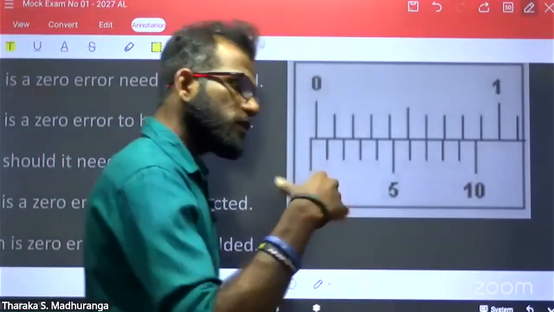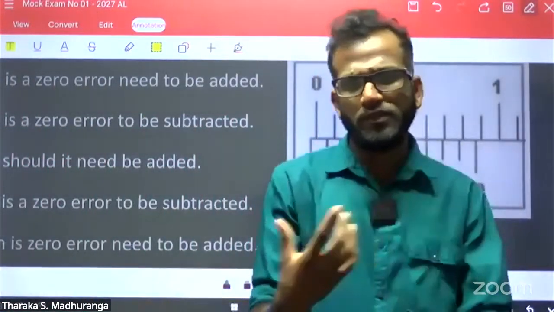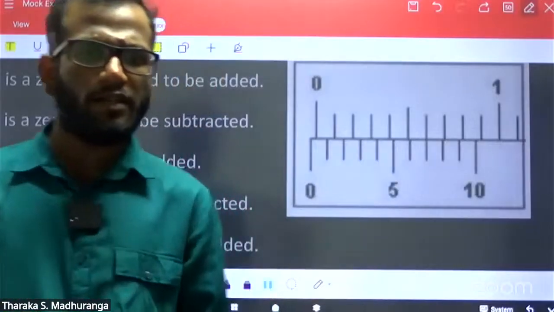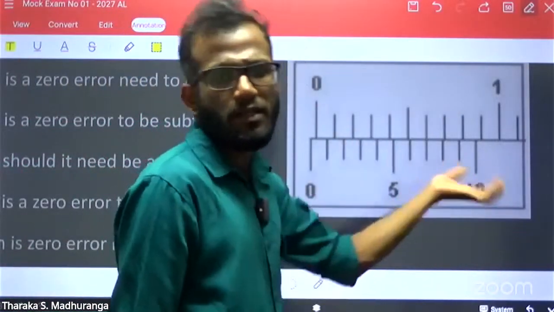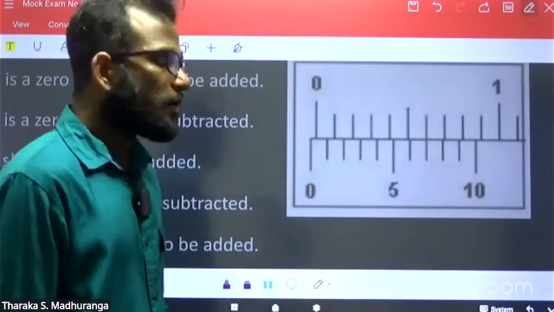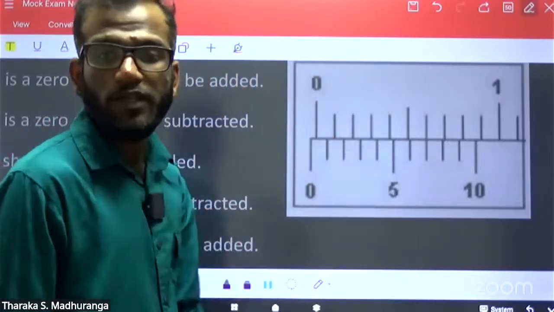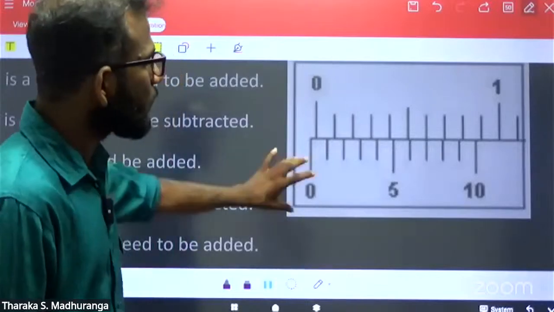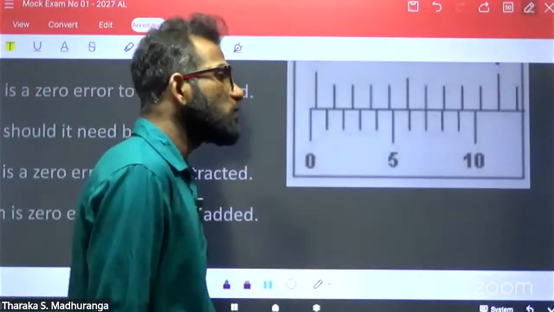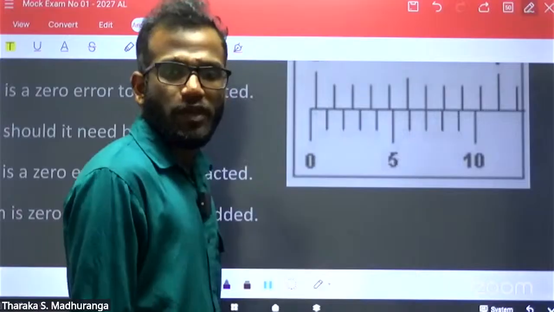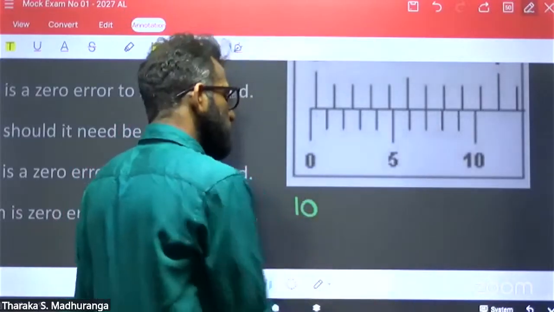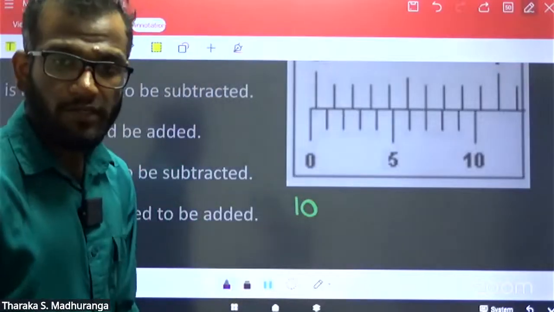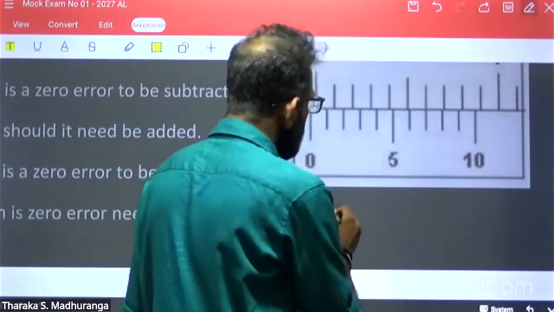If it is a positive zero error, it is very easy: we get the coinciding part and multiply by the least count to get the positive zero error. But it is a negative zero error. Then how do we get the negative zero error? We get it from the total vernier scale parts minus the coinciding part.